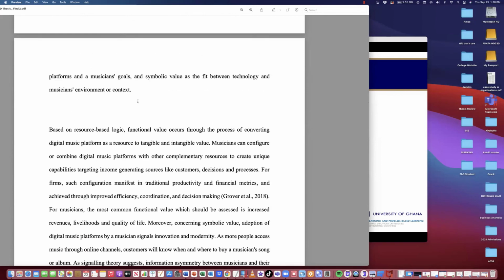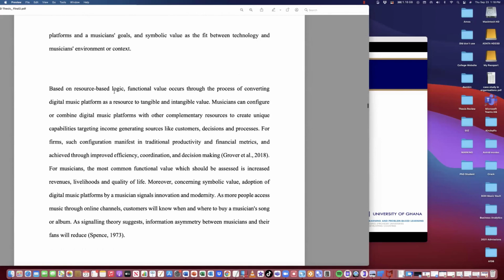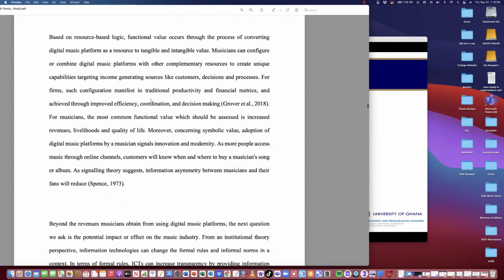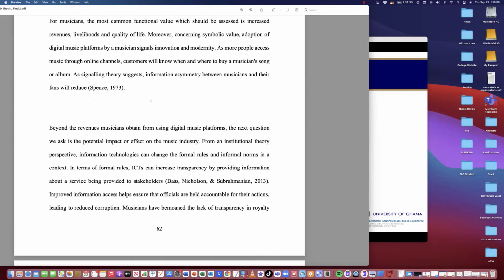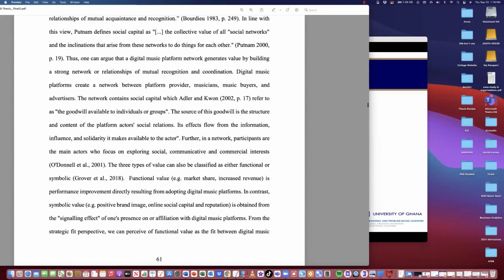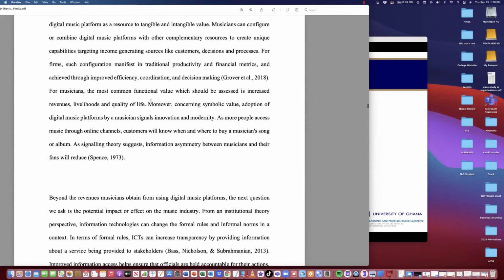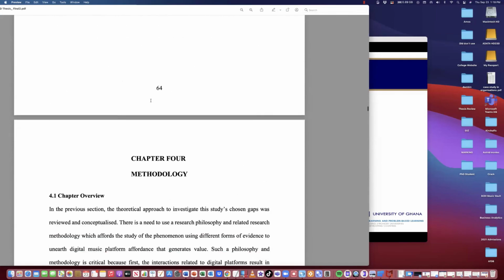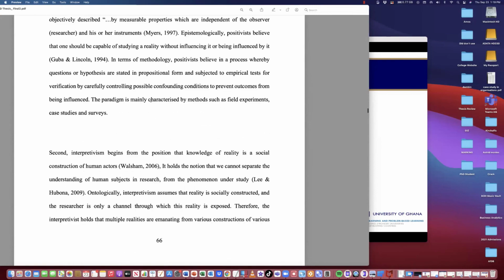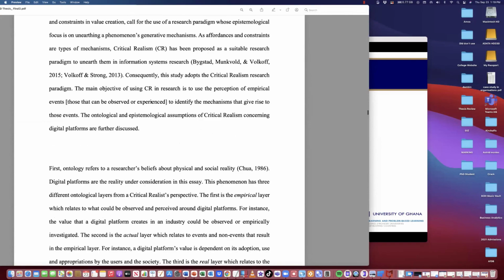The functional, based on resource-based logic, functional value occurs through the process of converting data. So he's explaining it here, and that is coming from here. Then he has another one called symbolic, which is also explained somewhere in the thesis. So the question you're asking is true. Remember what I told you, that the framework can guide you, and the data can guide you.